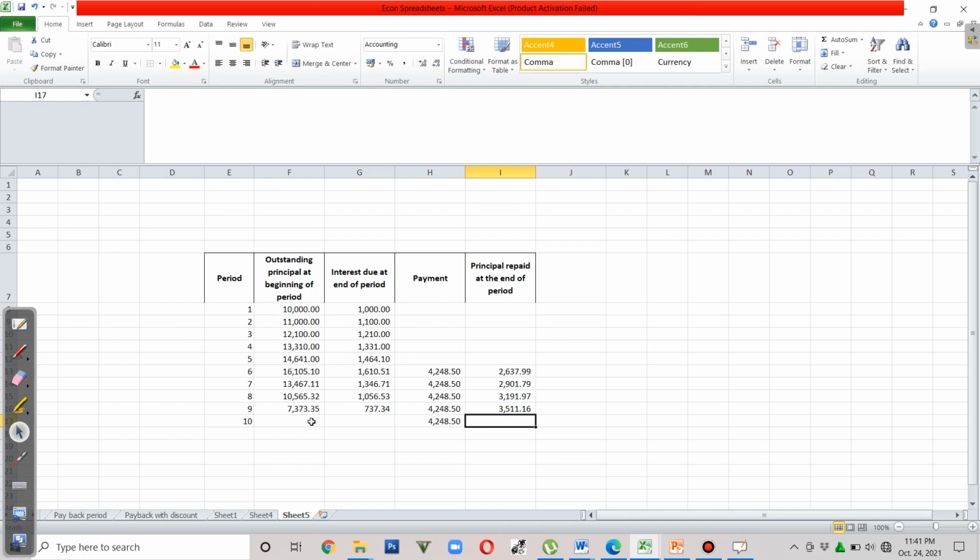And finally, at the 10th year, ito na yung outstanding principal or outstanding balance minus mo dun sa nabayaran. Okay? And computein mo rin yung interest at that period. So, yan. This is the amortization schedule.